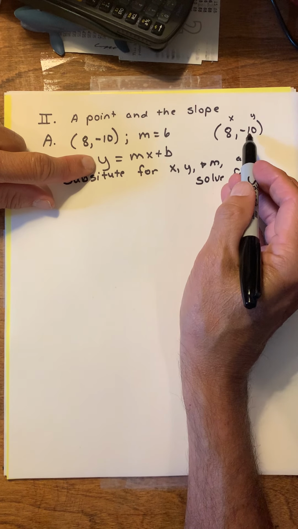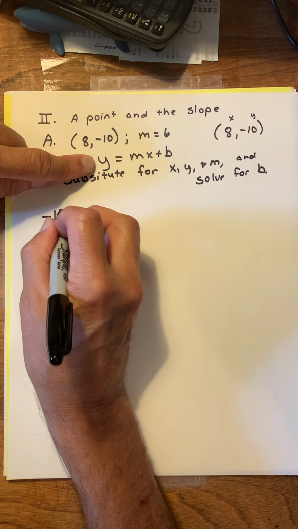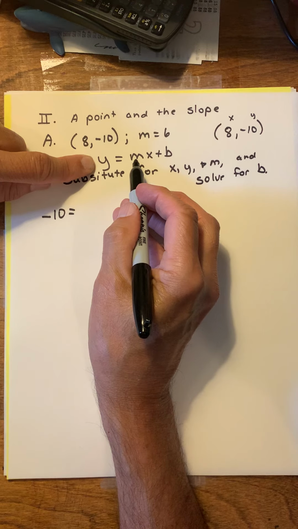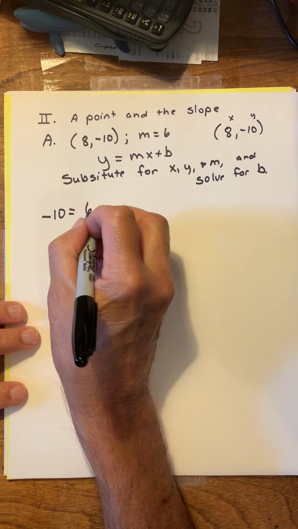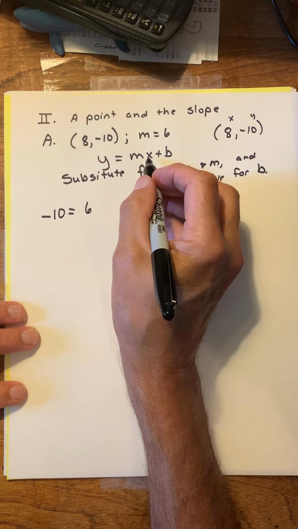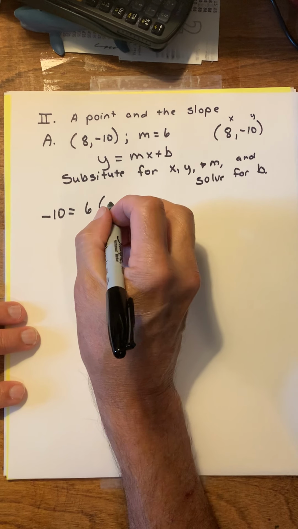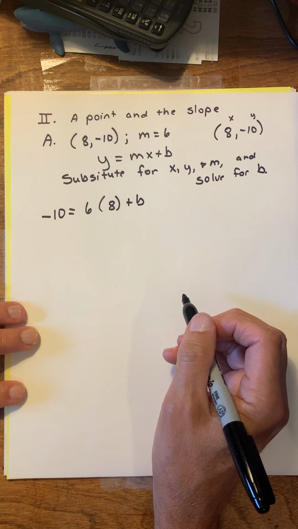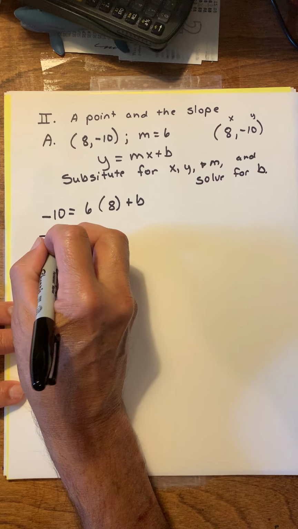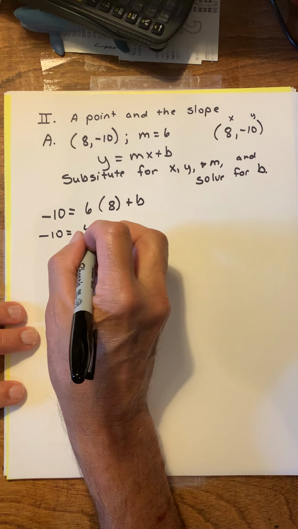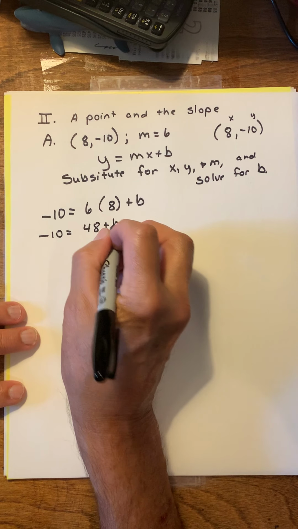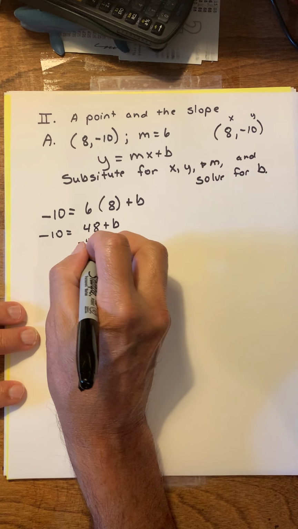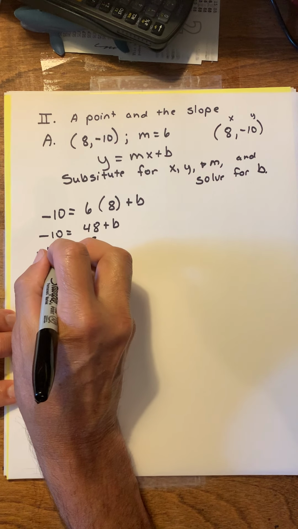y is -10. m is 6. x is 8. Plus the only thing I don't know, b. -10 equals 6 times 8, which is 48, plus b. I need to get b by itself, so minus 48 from both sides.